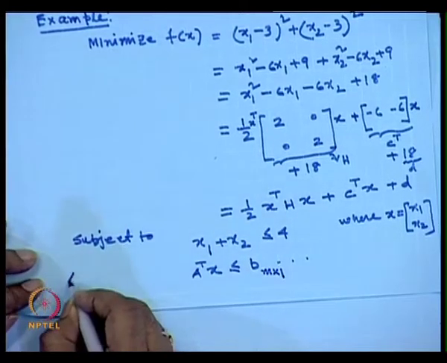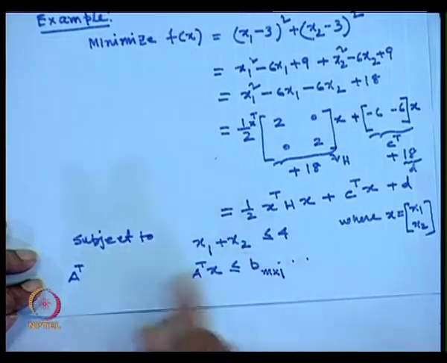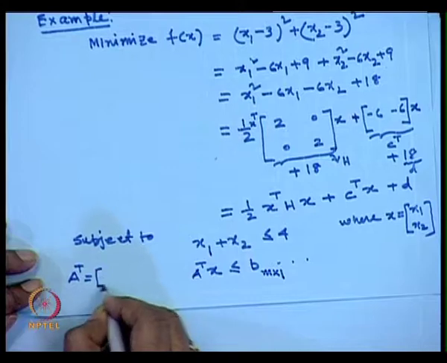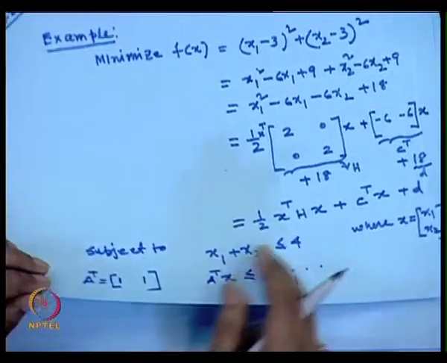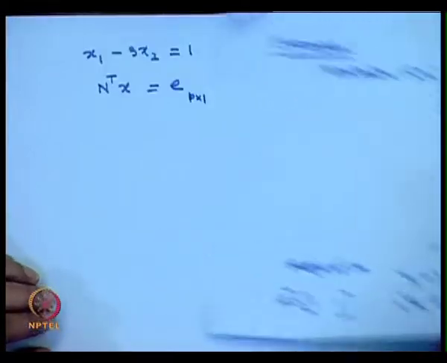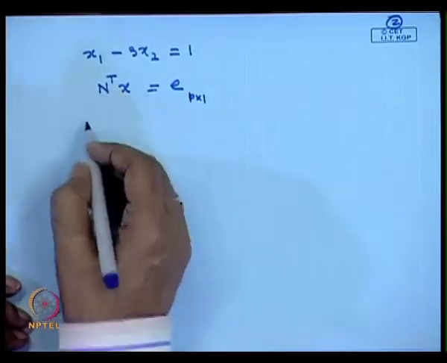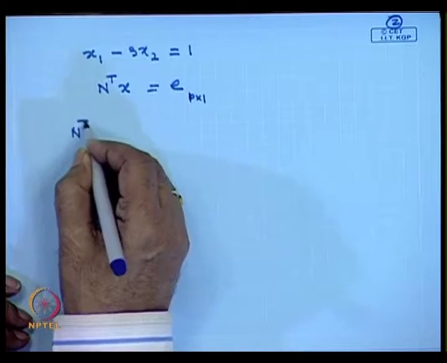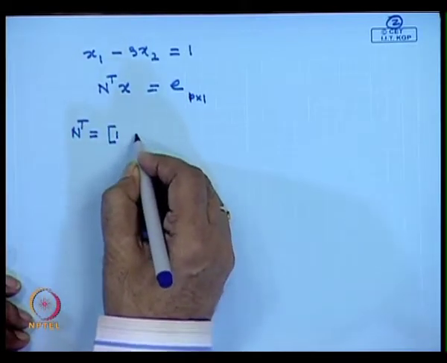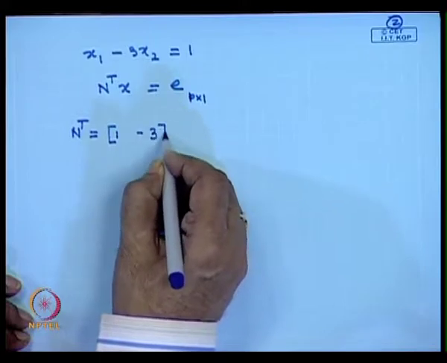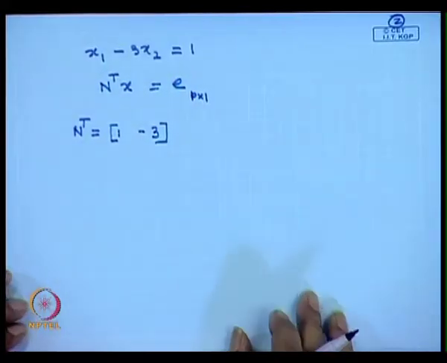So, we can write what A transpose is in our case. A transpose is nothing but 1 1. And n transpose in this case will be 1 minus 3. Agree?